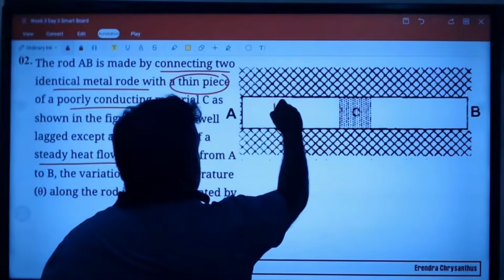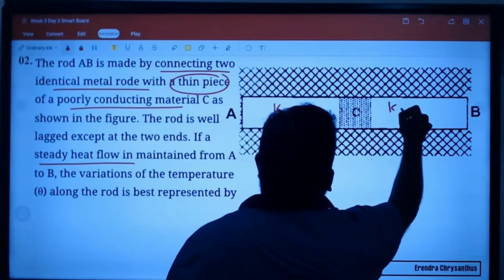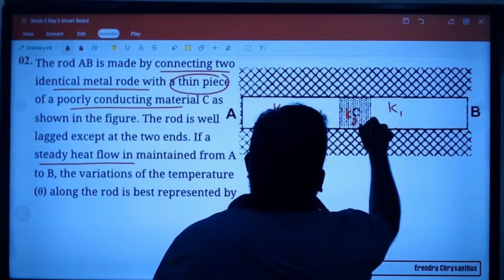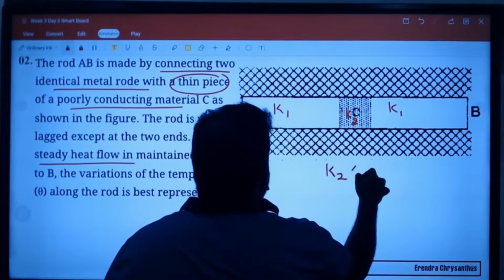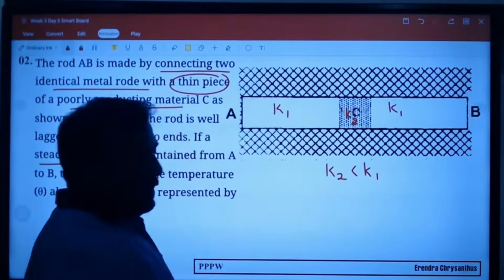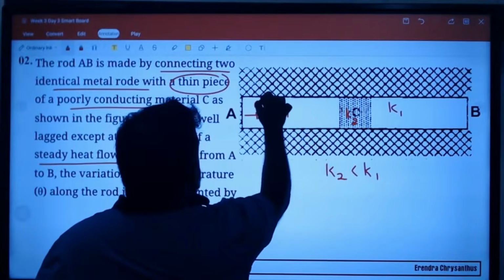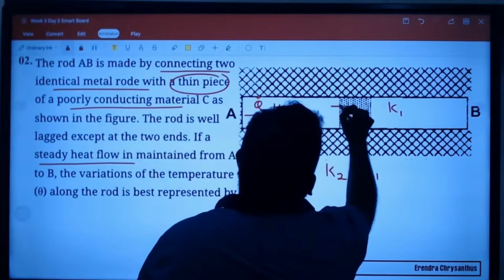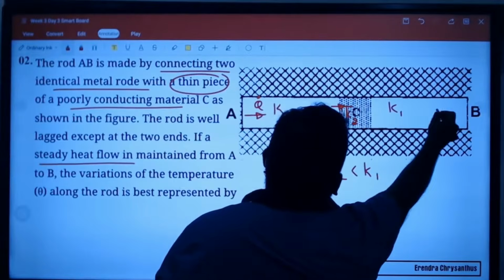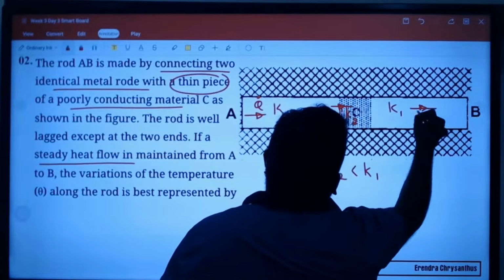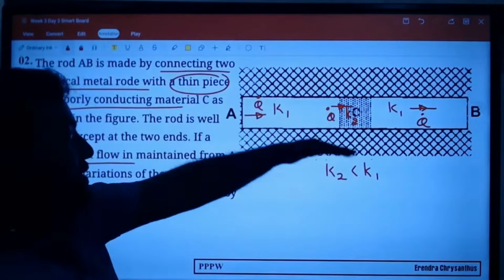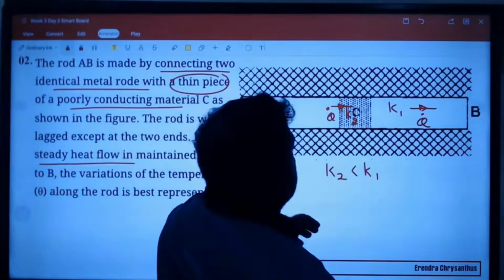Two identical metal rods means thermal conductivity is the same; for the middle piece the thermal conductivity is less, K2 is less than K1. What can you say? Series connection means the rate at which heat is transferred is the same. Q dot is the same.